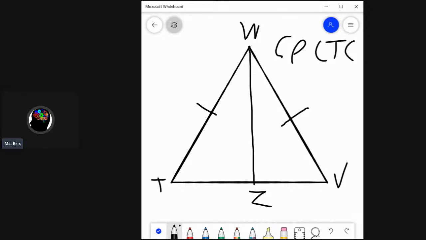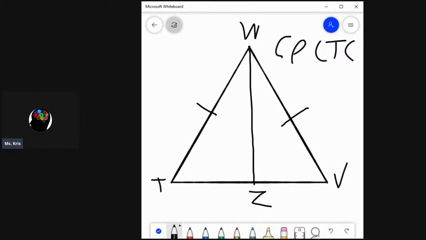In a proof, two triangles must be proven congruent before corresponding parts of congruent triangles are proven. So, for this example, we are given the givens, which are WZ bisects TWV, which is that angle.